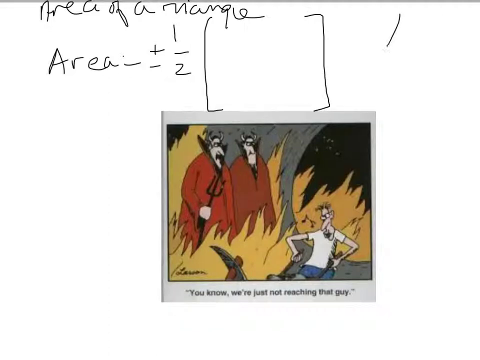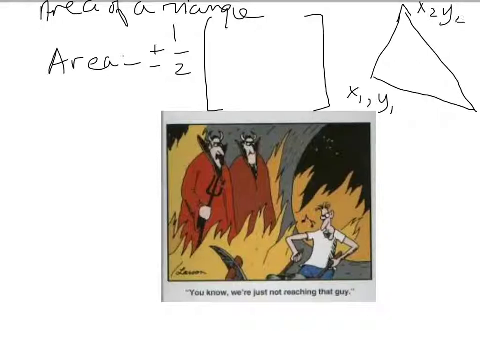And here I have a triangle. Pretend that's a straight line. Pretend they're all straight lines. This is x1, y1. This is x2, y2. And this is x3, y3.